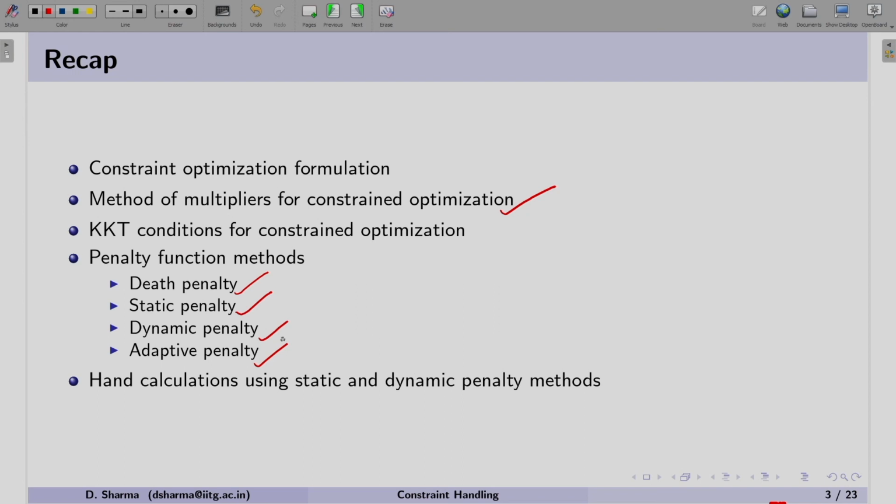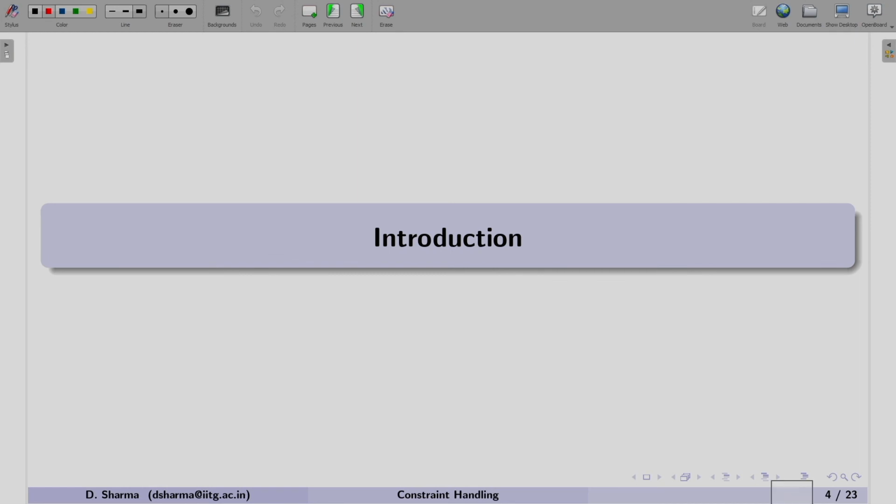We performed hand calculations using static and dynamic penalty so that we can understand how these penalty function methods can be used with constraint optimization with EC techniques. Now, let us move to another way to handle the constraint.